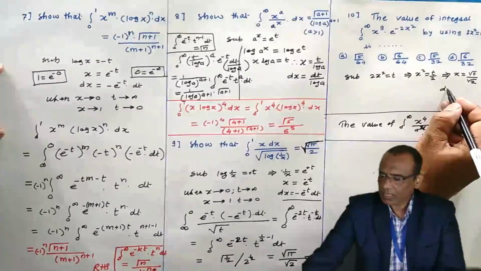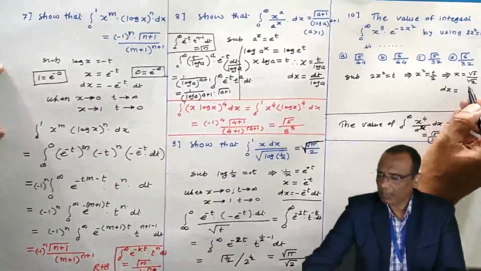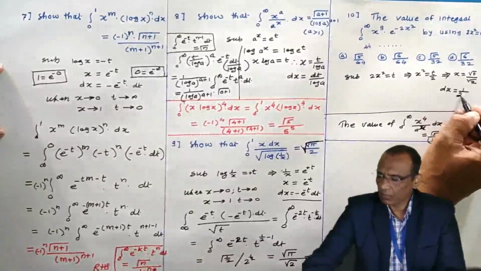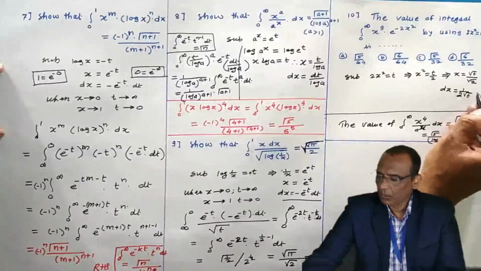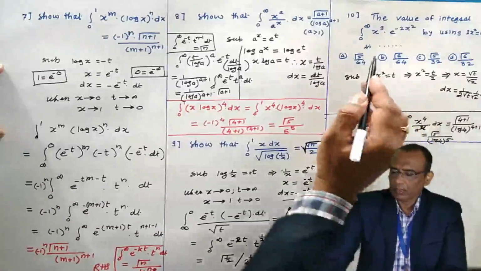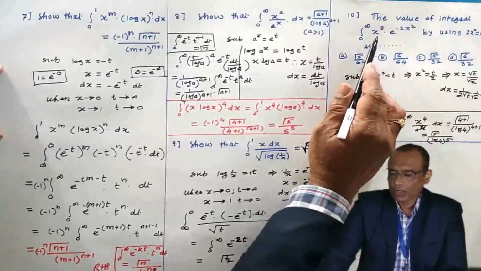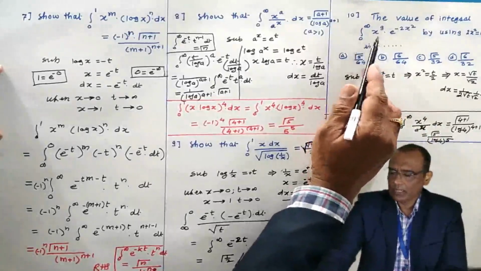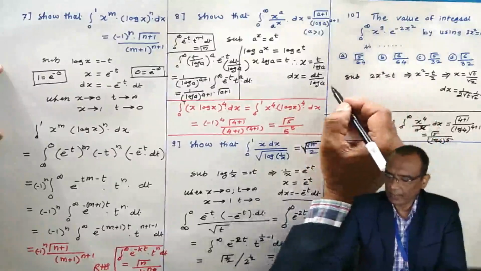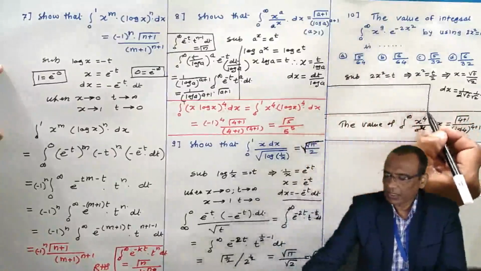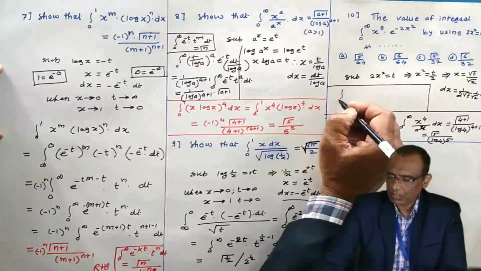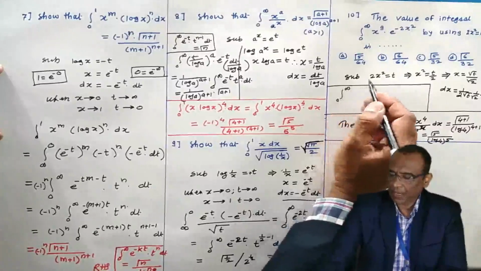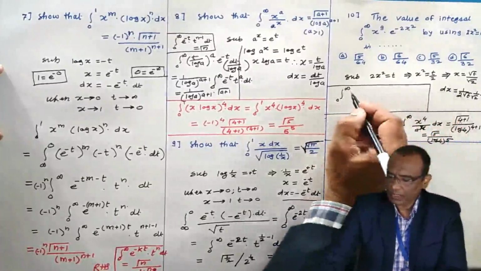Once you get value of x, then find value of dx. Derivative of root t is 1 by 2 root t, 1 by root 2 as it is, dt. And limits are not going to change. When x equal to 0, t is 0. When x equal to infinity, t is infinity. Then this integral can be written as 0 to infinity x power 9. What is value of x?